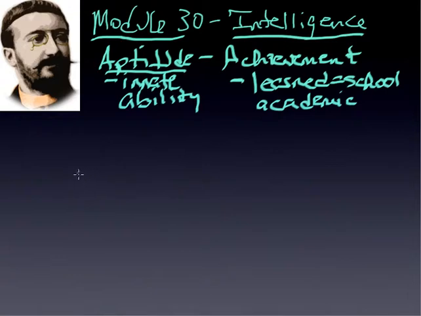Achievement tests that you might take typically give us a score relative to other students your same age, and look at mathematics or social studies or other things like that.